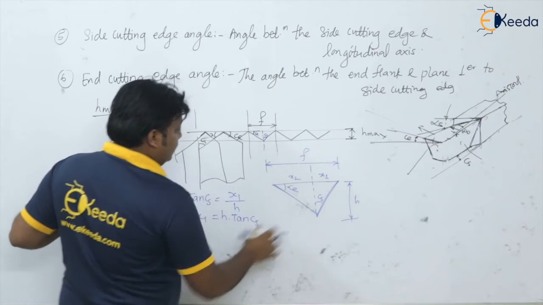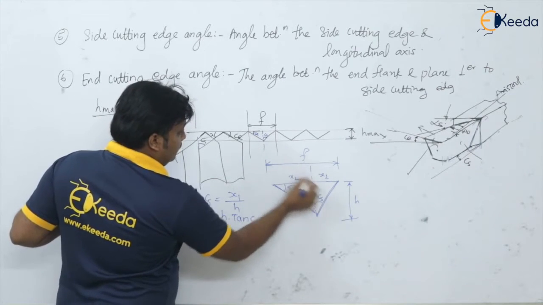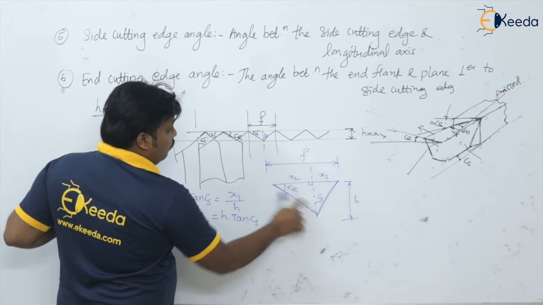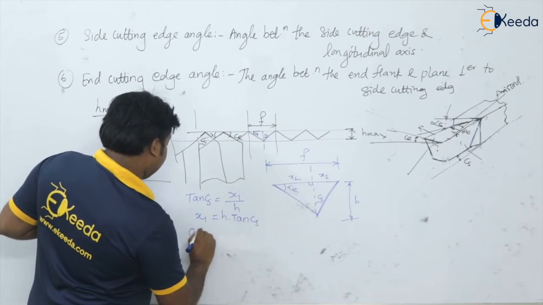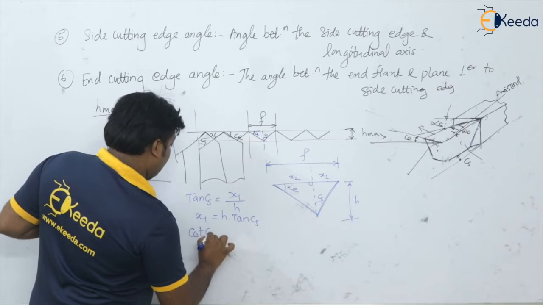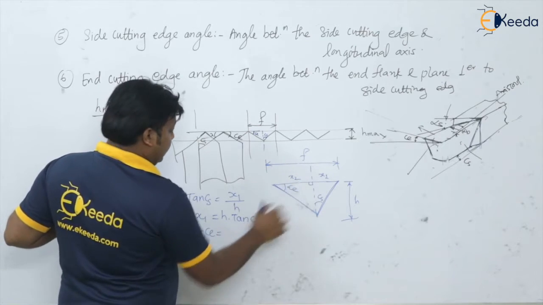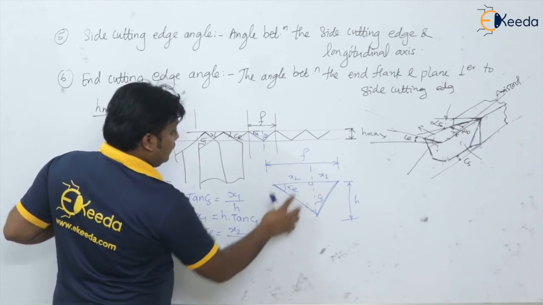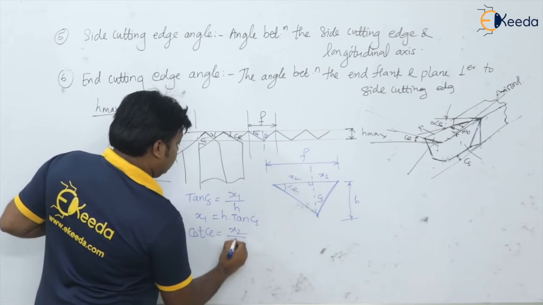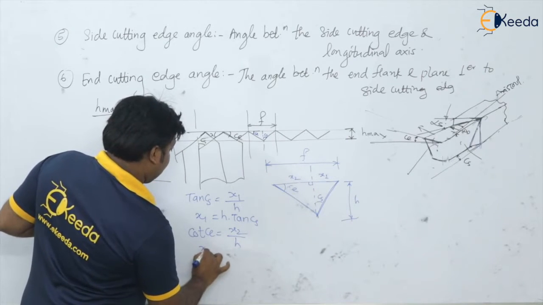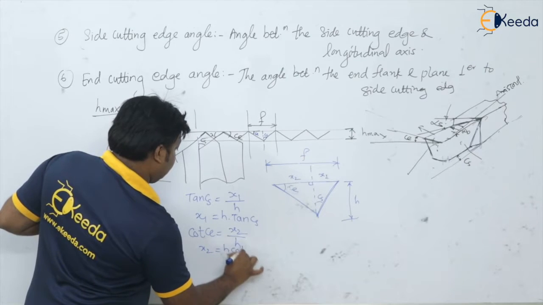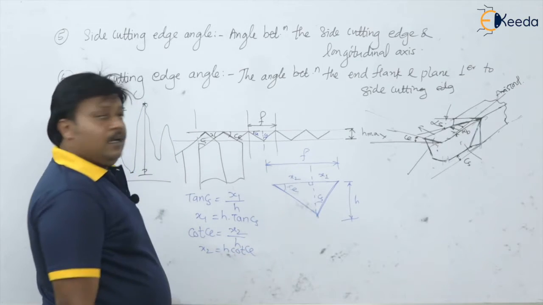And in this triangle, cot of angle CE is adjacent side x2 divided by opposite side H. So x2 will be H cot CE.